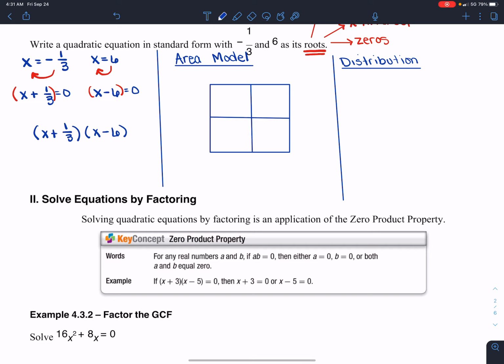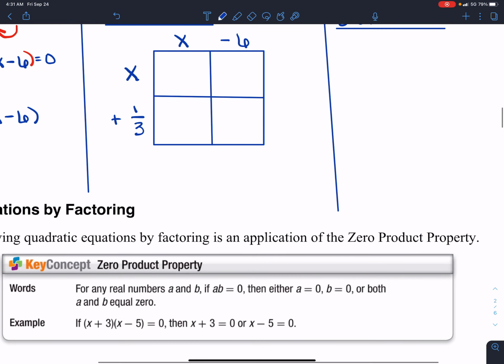Okay, so this model is probably familiar to a lot of you. The first one is x and positive 1/3. Over the top is my second binomial, x and negative 6. It doesn't matter which binomial you put where, okay, just as long as you keep each pair together.